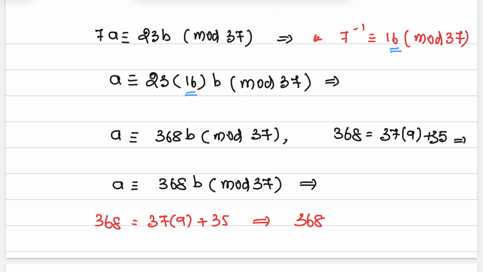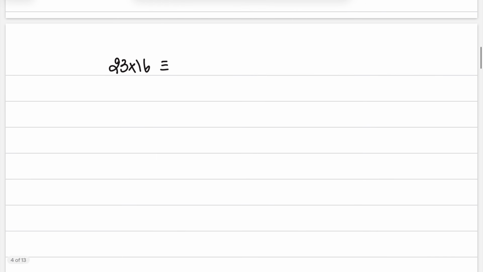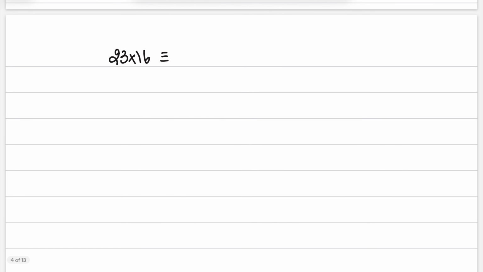368, that is equal to 23 into 16. That means 23 into 16 is congruent to 35, which is congruent to minus 2 mod 37.